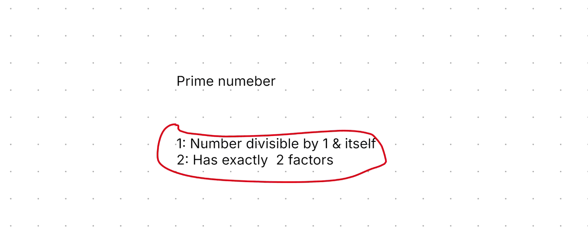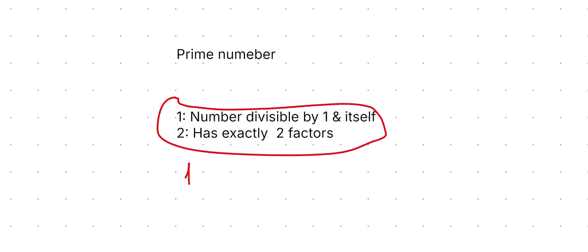But now one thing, for example, 1 is not a prime number, right? If the user passes n equal to 1, which is not a prime number, correct? But it will pass this condition, number divisible by 1 and itself.